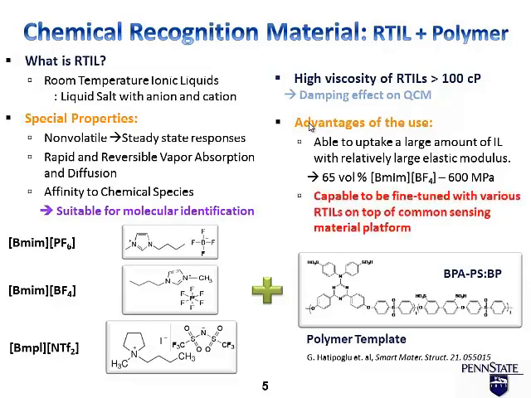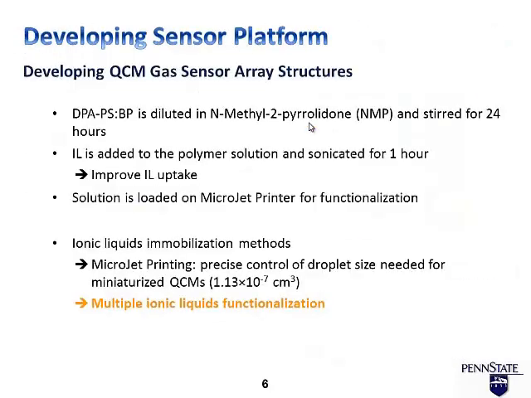Also, the use of a common platform provides a very stable and uniform baseline response, even when it is utilized with various ionic liquids. Overall, the sensor's stability can be improved using this polymer template as a common platform.